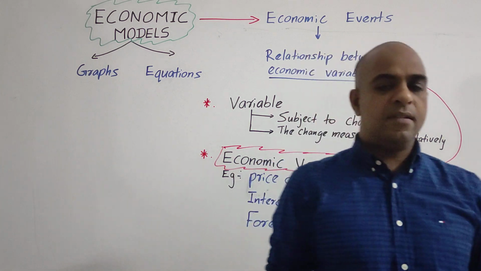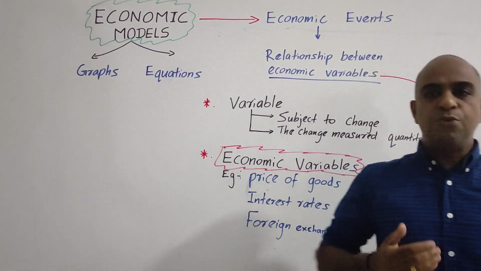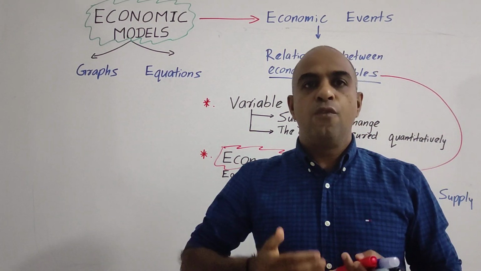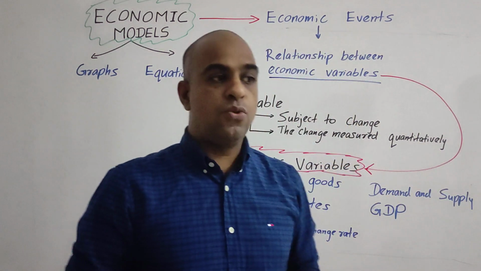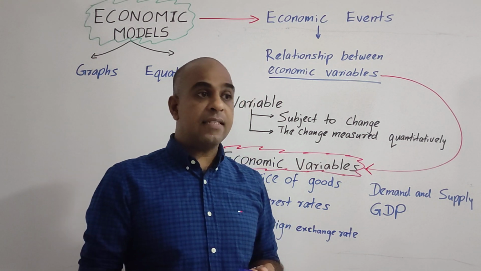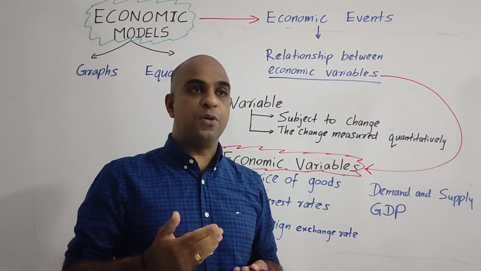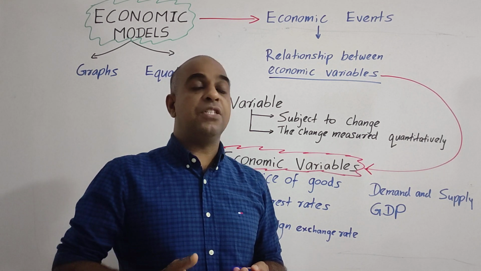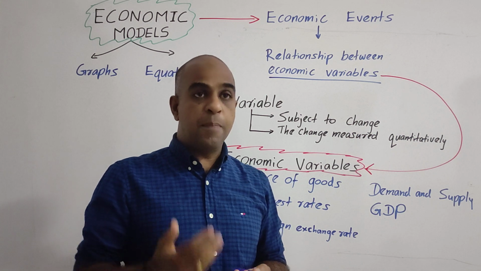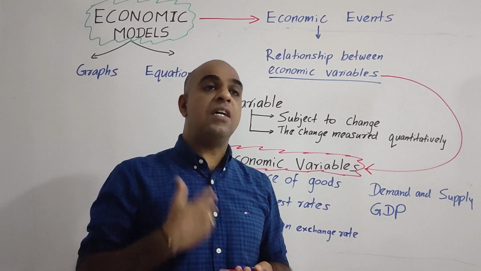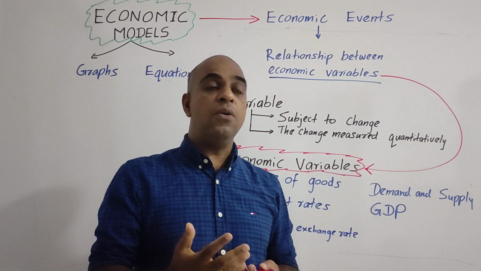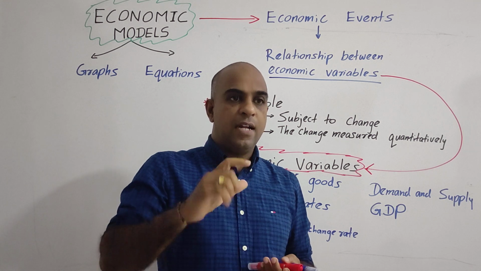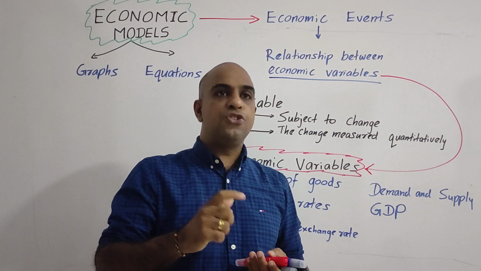Interest rate means the interest given to the deposits and the interest charged on loans. Right now these days, the interest rate given for fixed deposits is about 25%, and the interest charged on loans is about 30%. So it is subject to change, and we can measure the change.